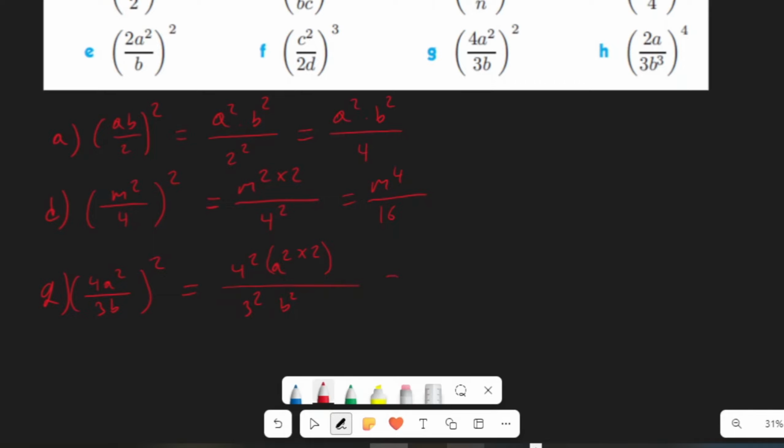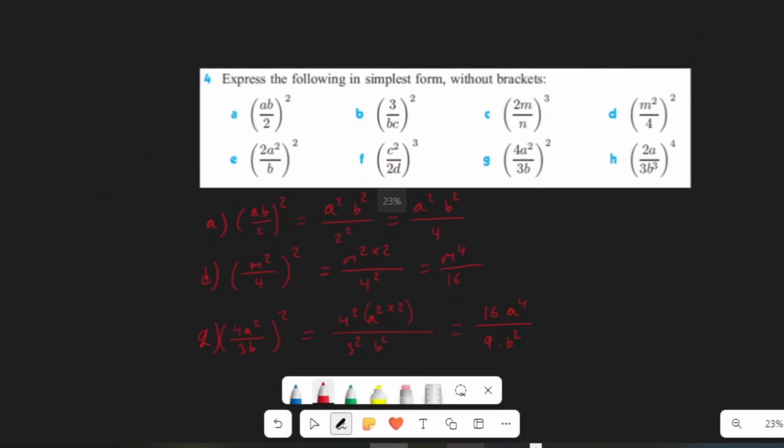We can expand this a bit further and we'll get 16 multiplied by a to the power of 4 over 9 multiplied by b squared.